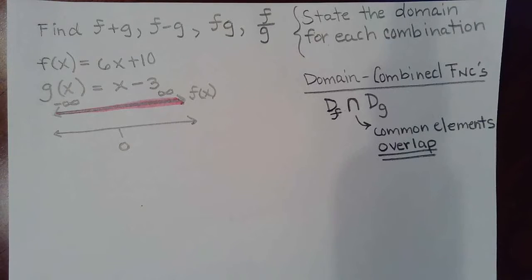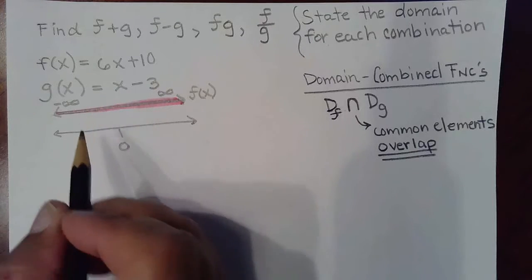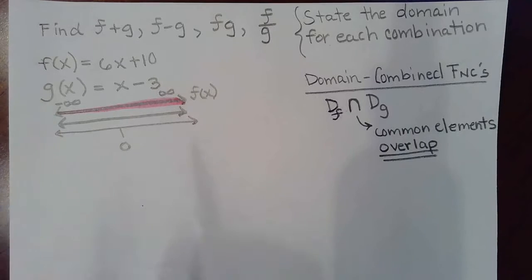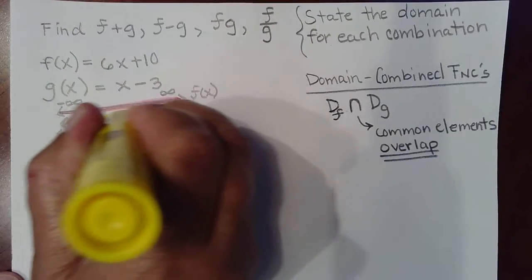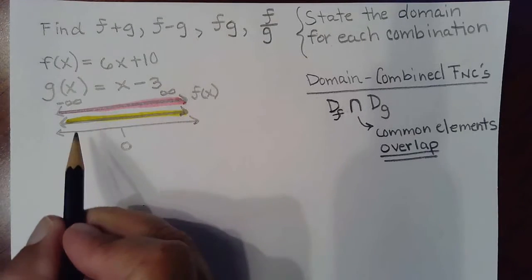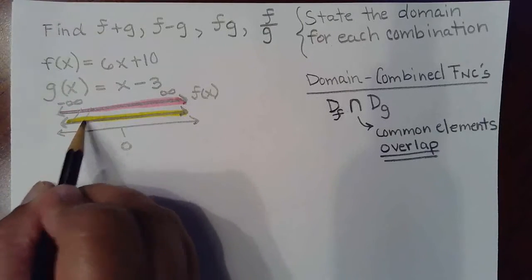Then if we look at the g function, we see that it's the same type of function. It's also a polynomial with no restrictions. So it is also all real numbers from negative infinity to infinity. And we just discussed that when you're combining two functions, we want to look at what elements these two domains have in common, and that would be everything.